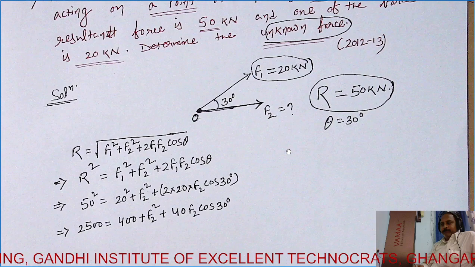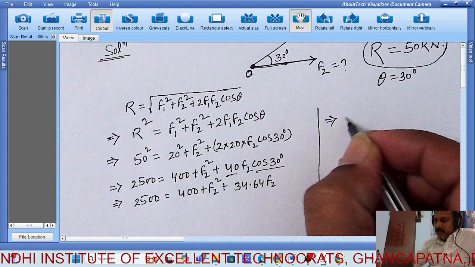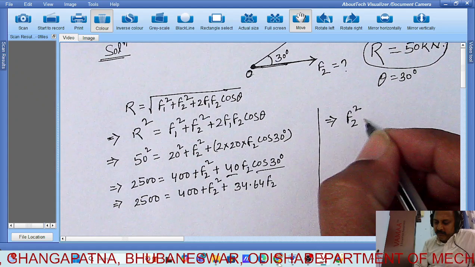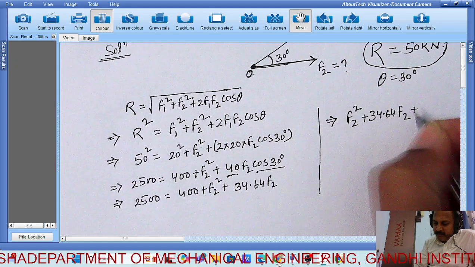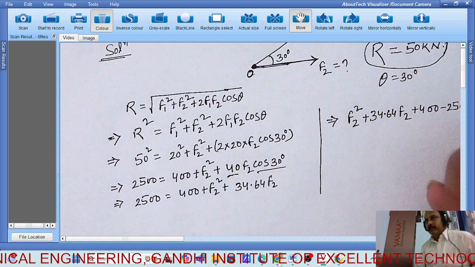From this equation, we are going to convert this into a quadratic equation, that is F2 square plus 34.64 F2 plus 400 minus 2500 is equal to 0.